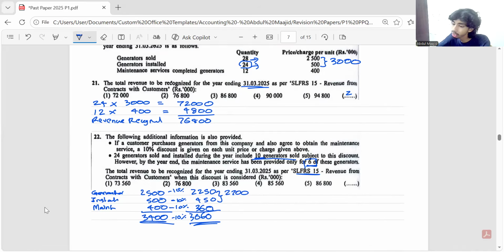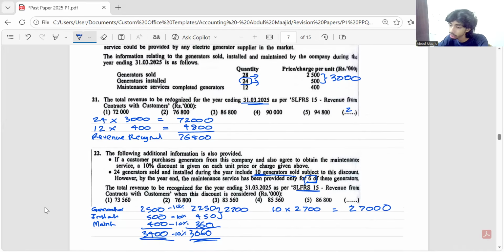So discounted generators installed and sold, 10 generators into 2,700, that is 27,000. Okay, so the actual total revenue recognized, we totally installed 24 generators. Out of that, 10 are connected to the discount. The remaining 14 will be given at the normal price of 3,000. Then 14 into 3,000 will be 42,000.